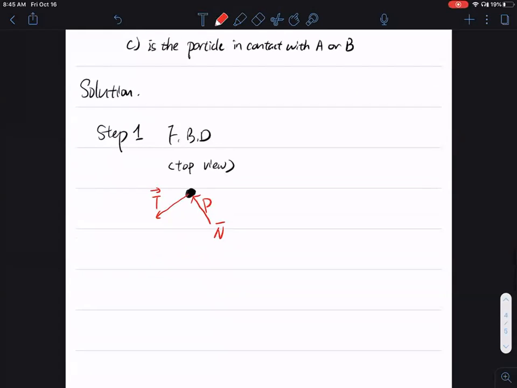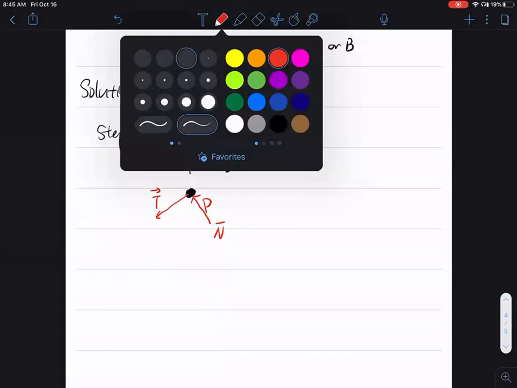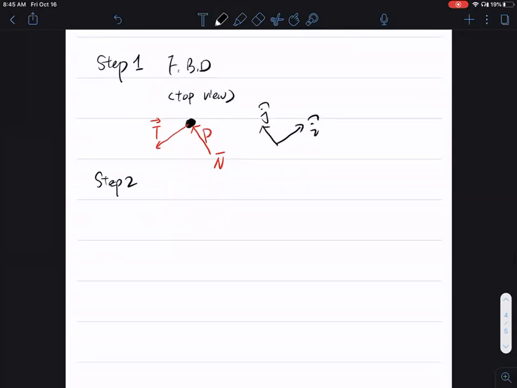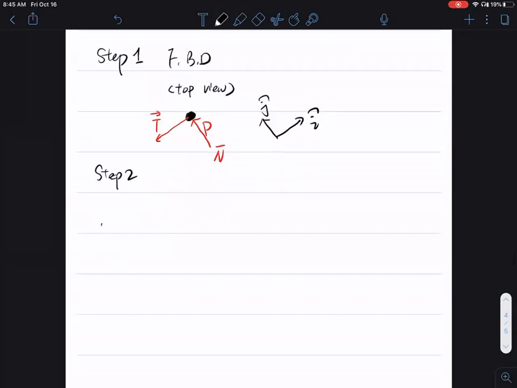Okay, and how would we set up our coordinate system? I would set up my coordinate system to line up with my forces. So we use this as my J and use this direction as my I. Okay, that's step 2.